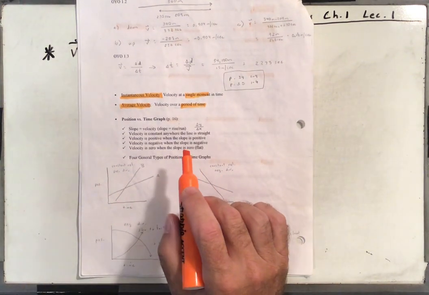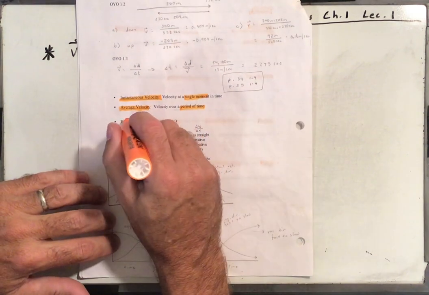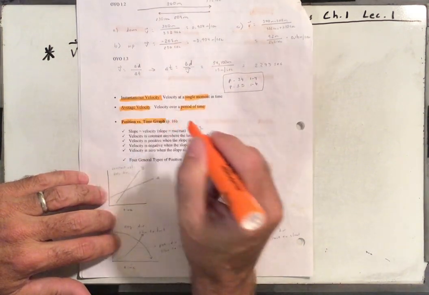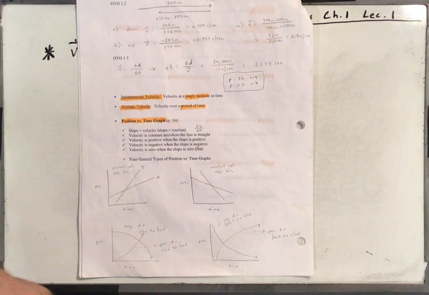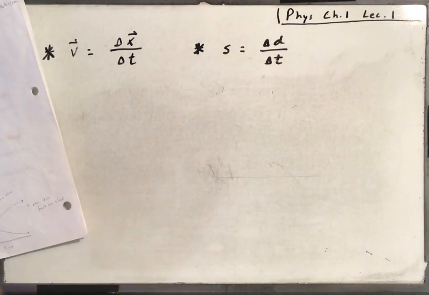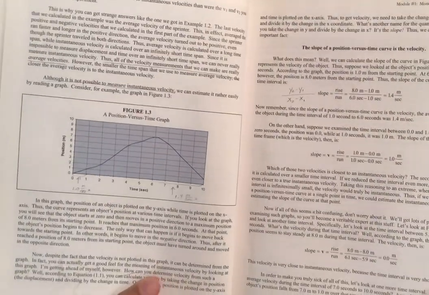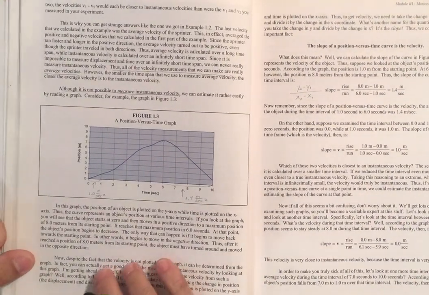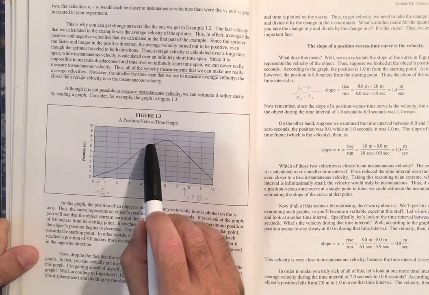So if you'll look in your book on page 16, you'll see the position versus time graph. I'll go ahead and open your book to this position versus time graph here. So the slope is the velocity.